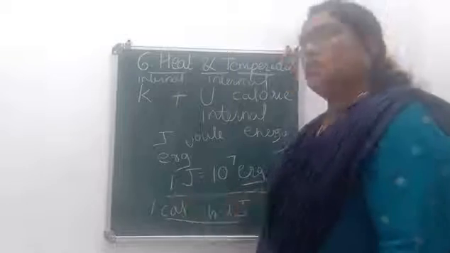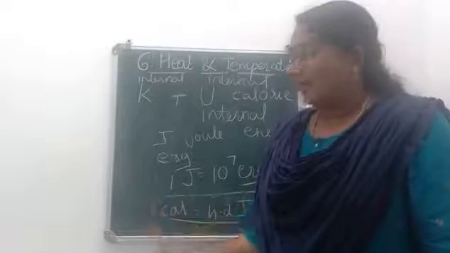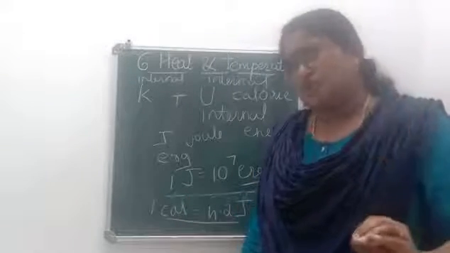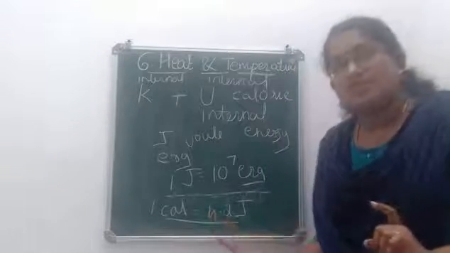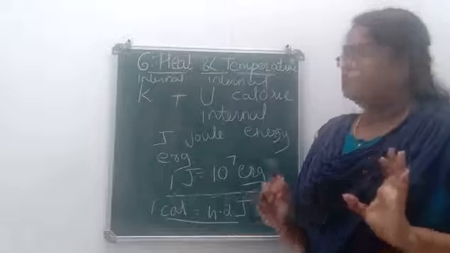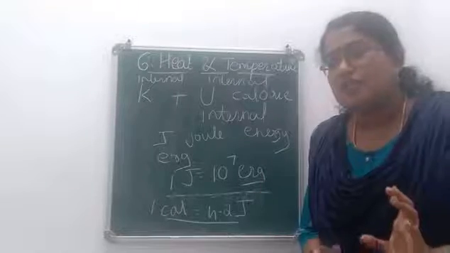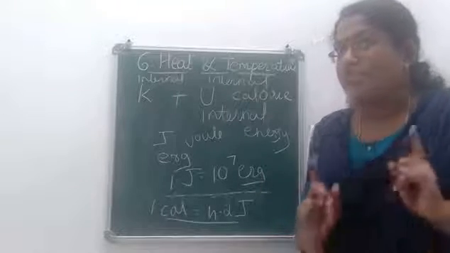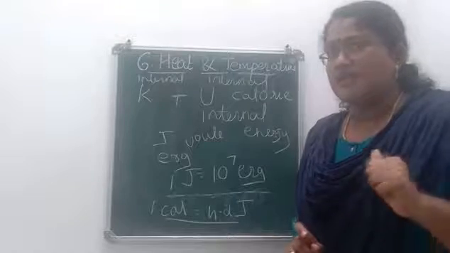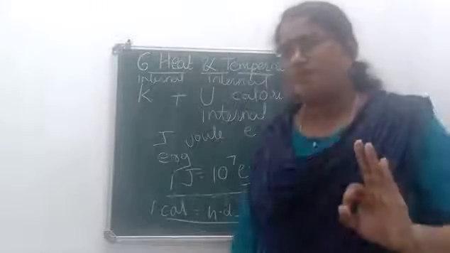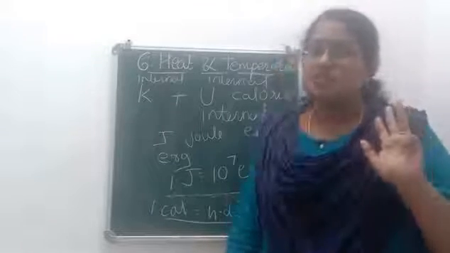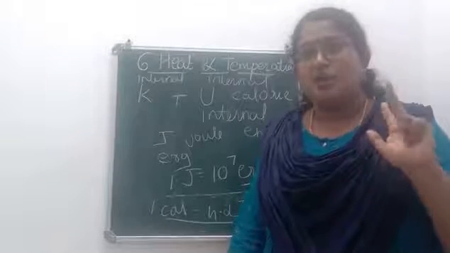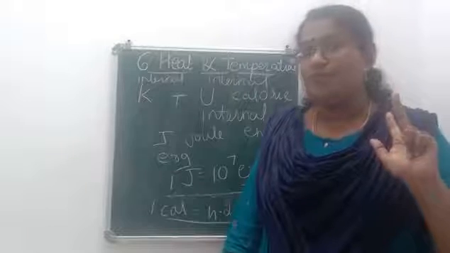This relation is also very important. Calorie is the commonly used unit or the commercial unit of heat. 1 calorie is equal to 4.2 joule. So these are the things you should keep in mind related to heat. So which are the points? 3 different definitions for heat. Form of energy which produces the sensation of hotness or coldness, flows from a hot body to a cold body.